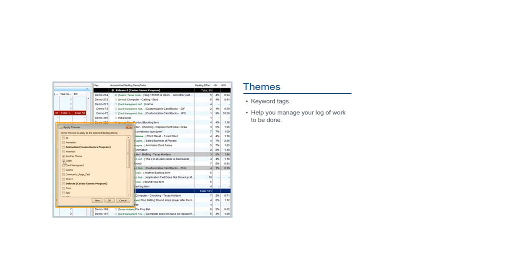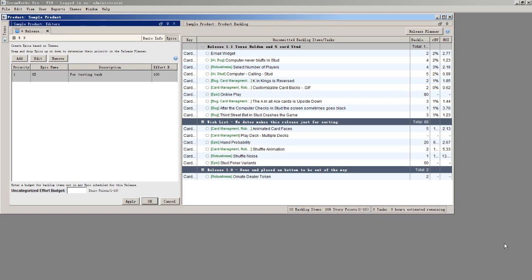Let's take a look at themes in the ScrumWorks Pro desktop client. There are a number of ways that you can apply or remove themes for backlog items. Here I will use the context menu to apply a number of different themes at once to a backlog item.